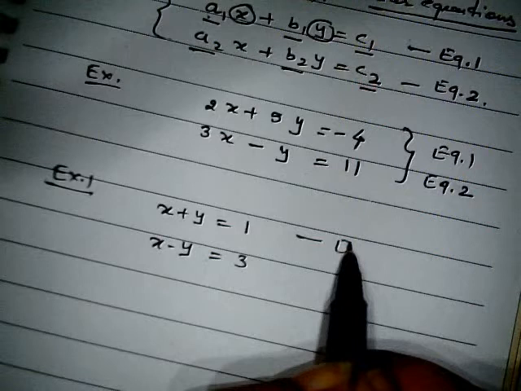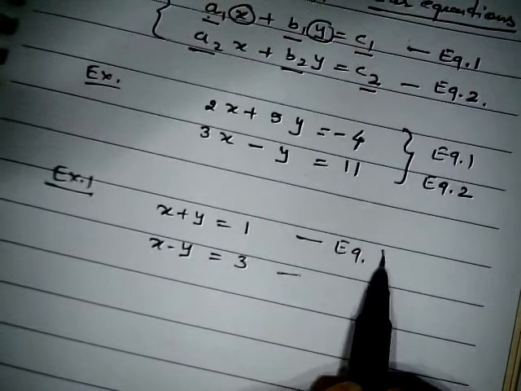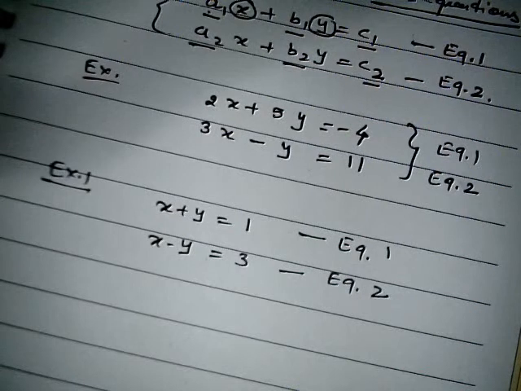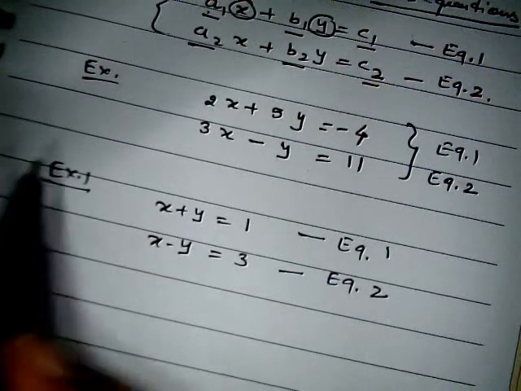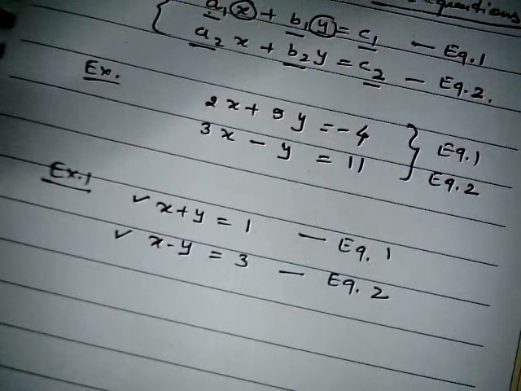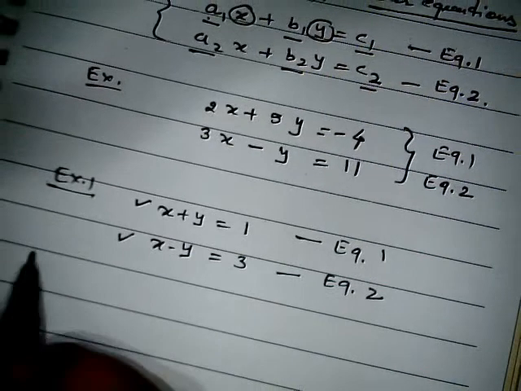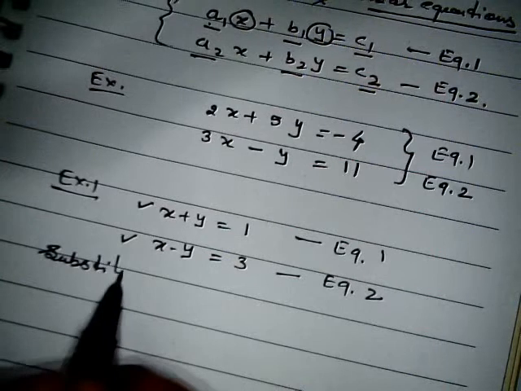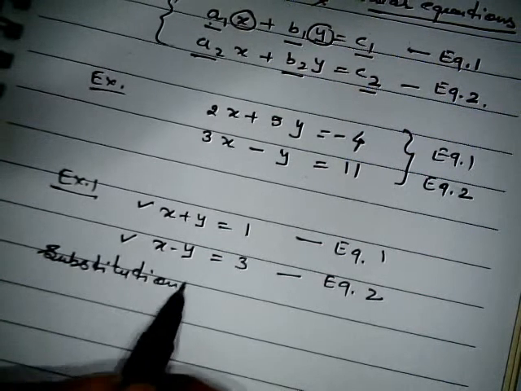These two equations are sufficient to get the value of x and y, because two variables are involved and you are getting two relations. Now I am going to apply the substitution method over here to get the value of x and y.